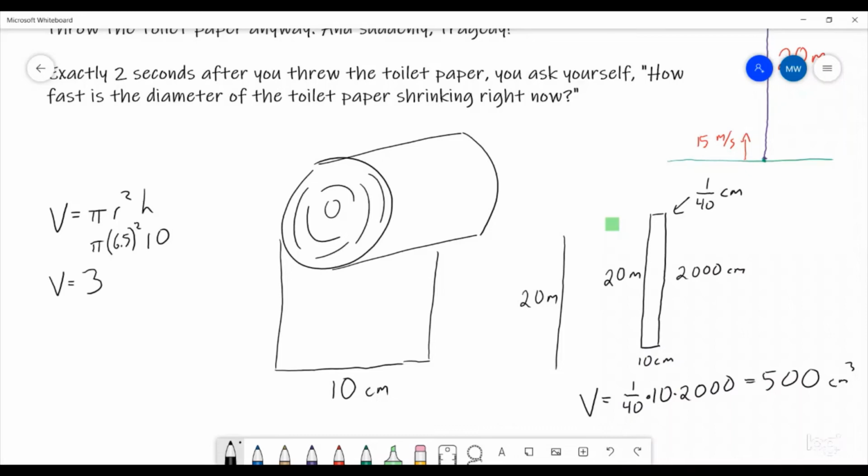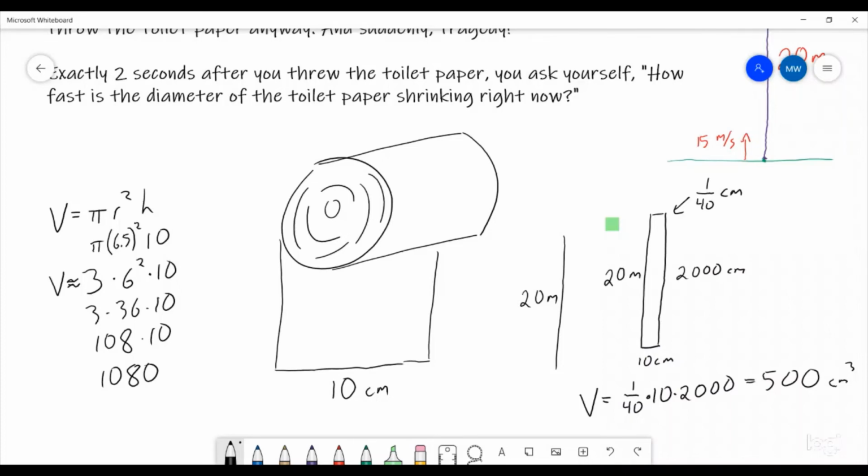And because of the inside piece, let's just round the 6.5 down to 6. So volume is about 3 times 6 squared times 10. 3 times 36 times 10. 36 times 3, that is 108, times 10. So that's 1,080 cubic centimeters. So we did not use up all of the toilet paper, which is good.